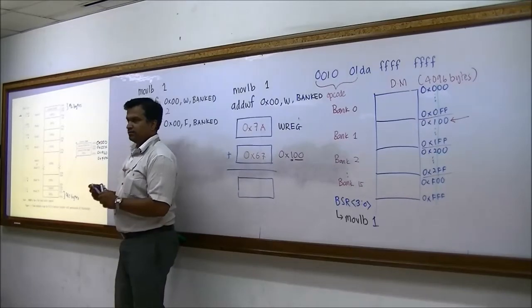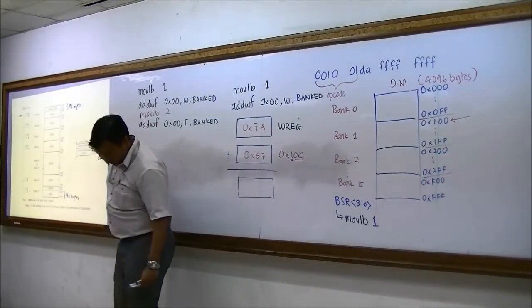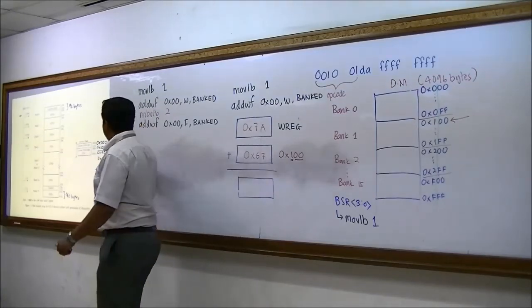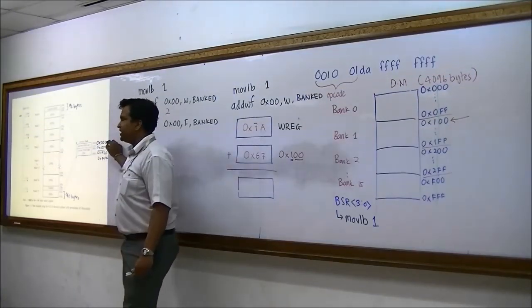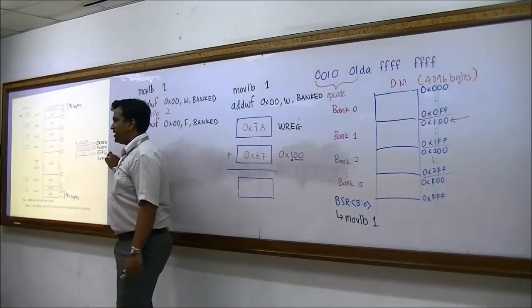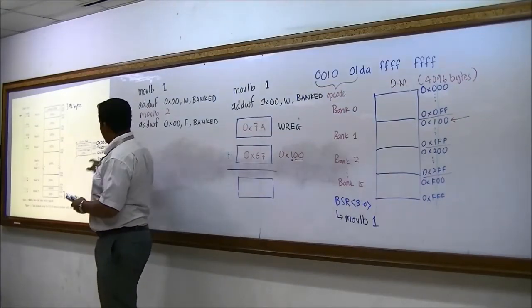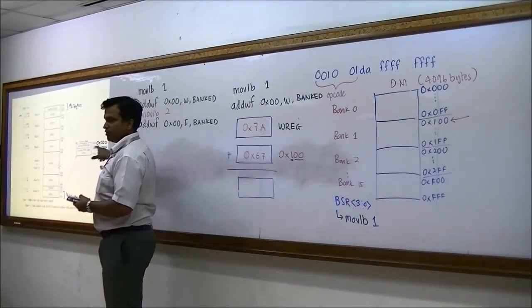Can you see this? The first 96 bytes is taken from bank 0. The remaining 160 bytes is taken from bank 15. So total you get 256.